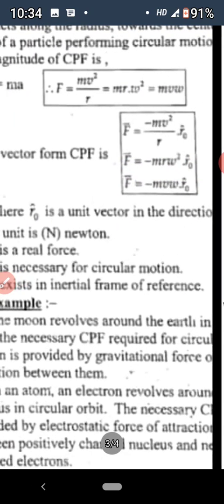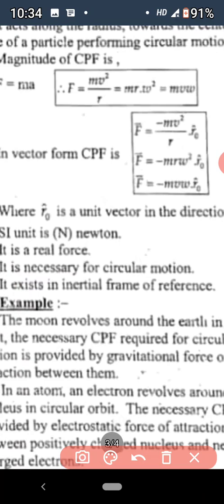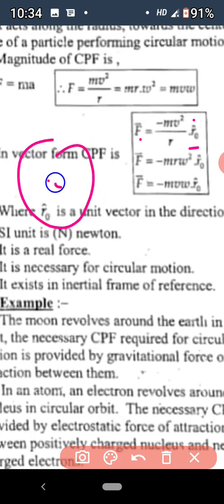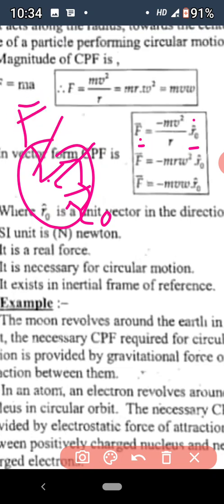In vector form, how can that centripetal force be written? F is equal to mv square upon r into r0 cap. This r0 cap is a unit vector directed along the radius vector, and this force is towards the center. The radius unit vector r0 cap is away from the center, so therefore we have to take a negative sign over here.